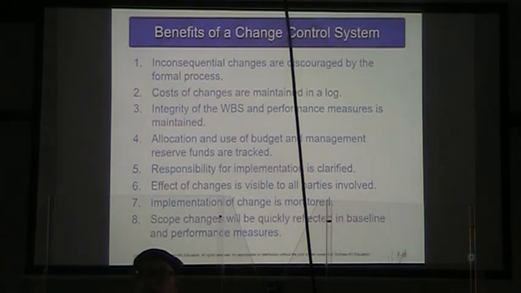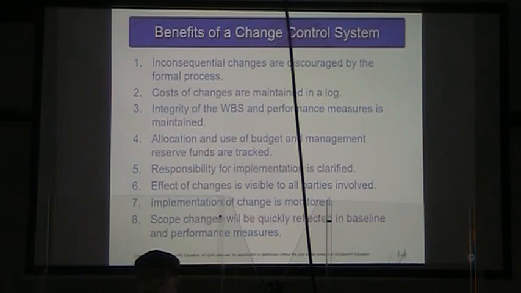We need to maintain the cost of our changes in a log and a log about our changes in general. We need to make sure that our work breakdown structure and our performance measures are maintained, that we don't just let those go to hell because one change came in.